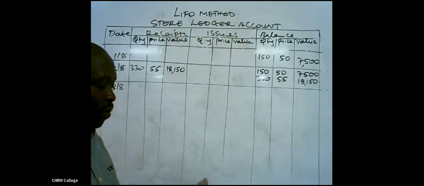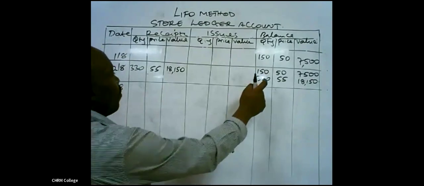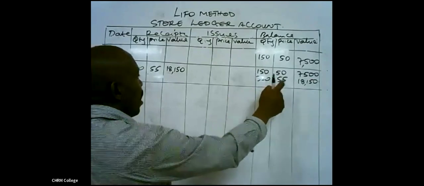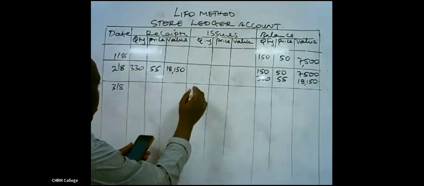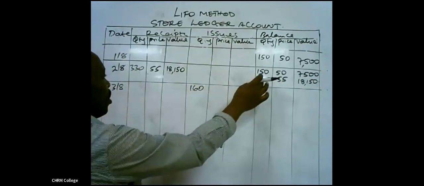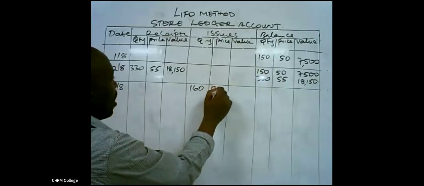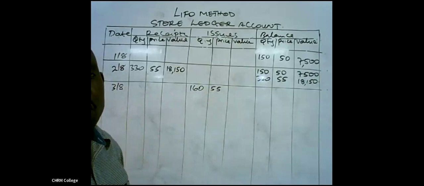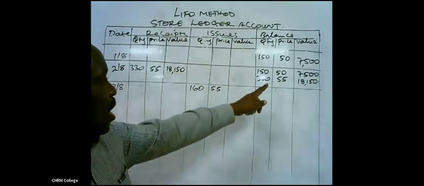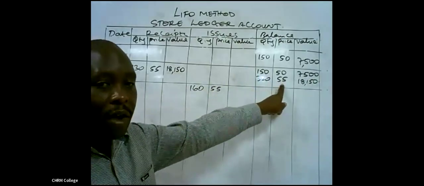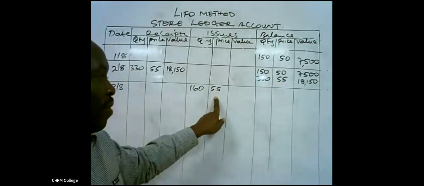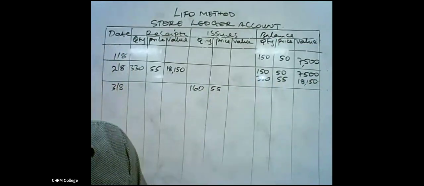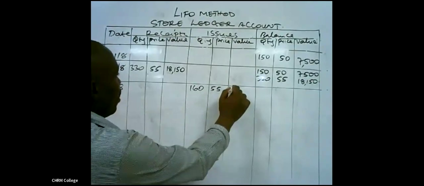So the 160 units that we are issuing will be issued from this consignment, which was acquired at 55. We use the price of the units that we have issued, so it is going to be 160 times 55, giving you 8,800.